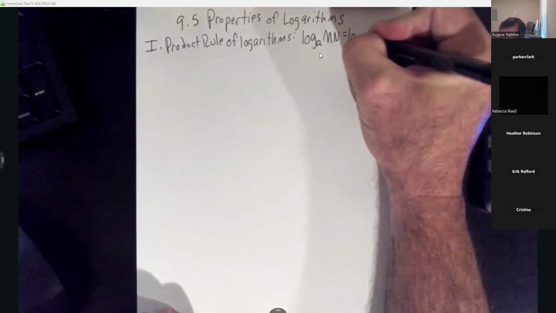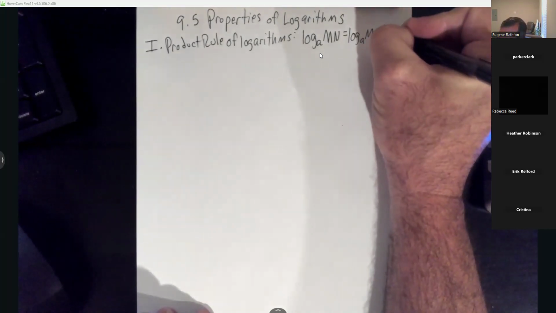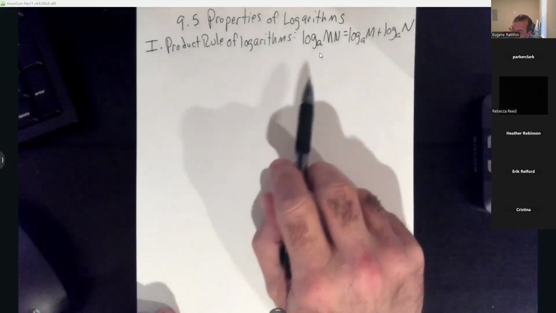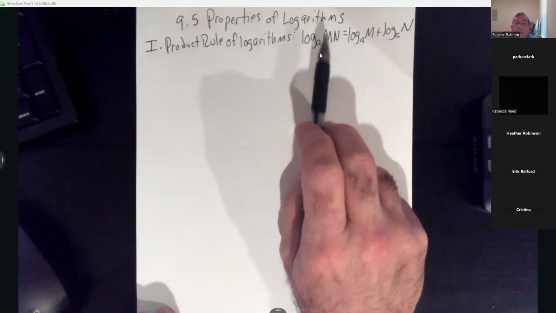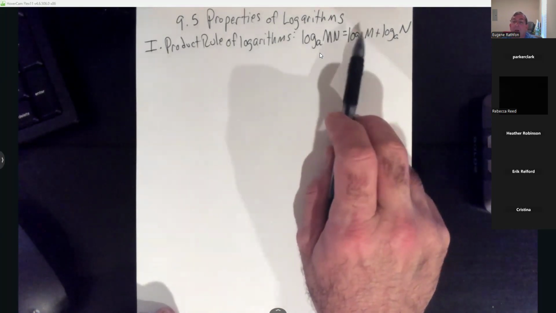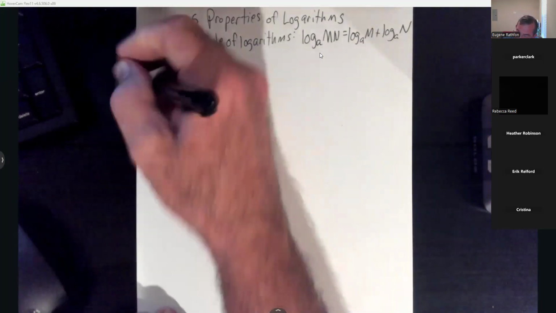I would have a log a of m plus a log a of n. So the log of a product can be rewritten as a sum of the logarithms of those product's factors, okay?